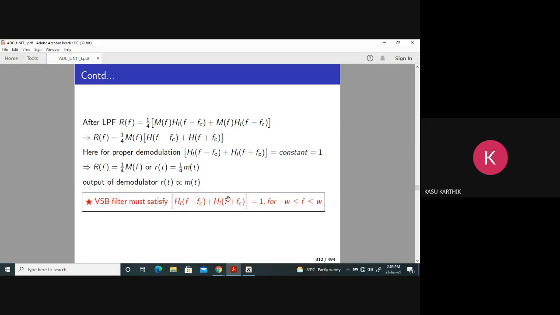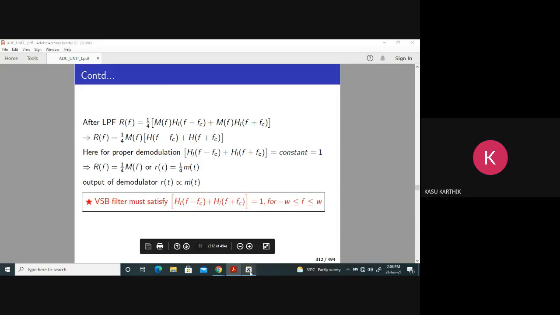VSB is very simple because we are using a normal filter. We don't need ideal filters, but it has to satisfy this one condition. It need not be an ideal filter, but it should obey this condition.